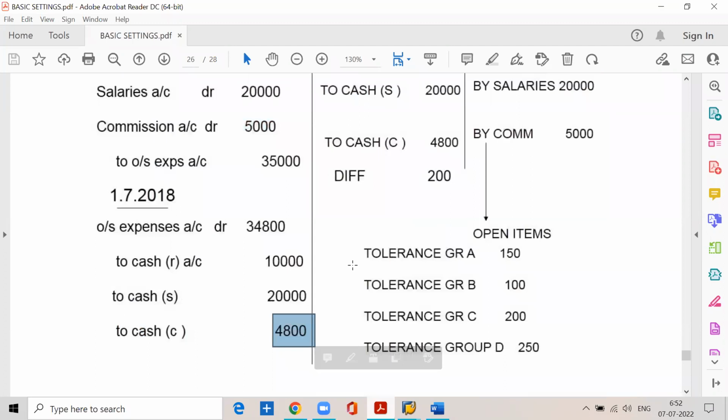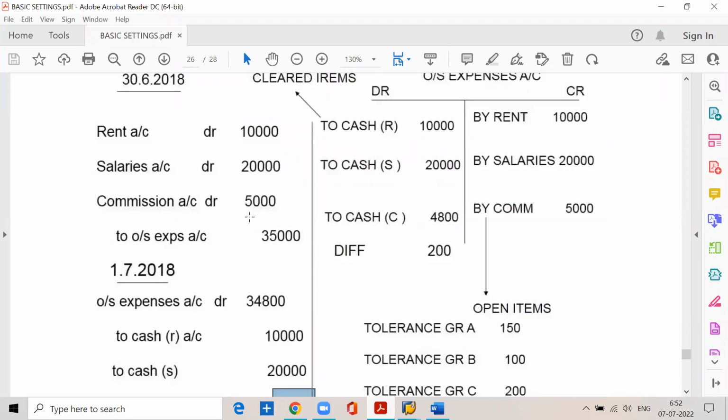The person to whom you have provided this commission of 5,000 rupees came to our office on 1st of July 2018, exactly at 4:30 p.m. Office closing hours are 5 p.m. So I am the junior cashier. He approached me saying that, sir, you have to pay 5,000 rupees commission. I said, yes, you are right.